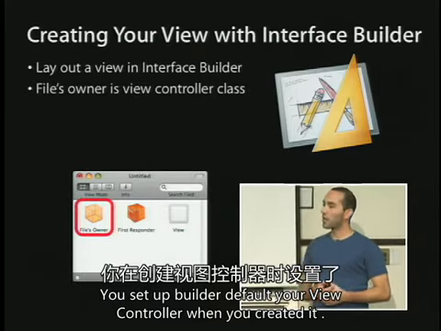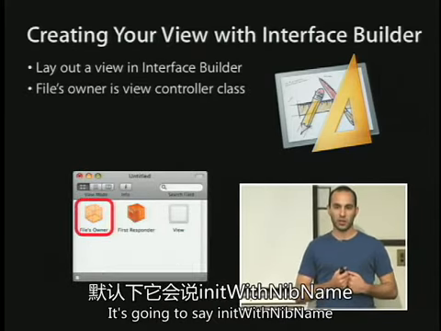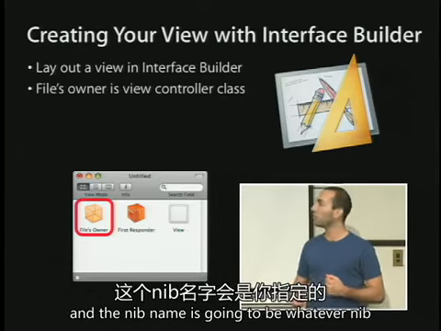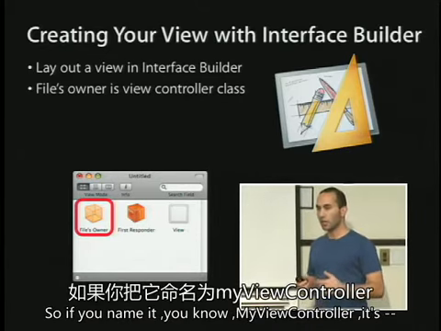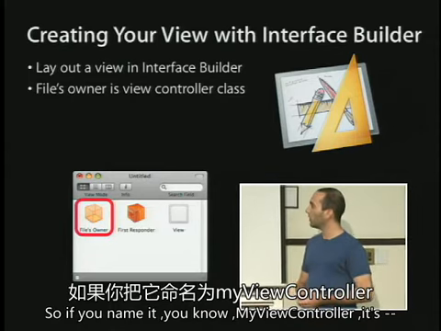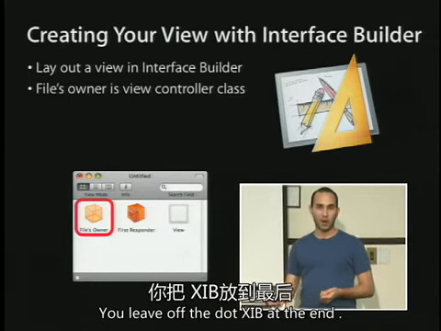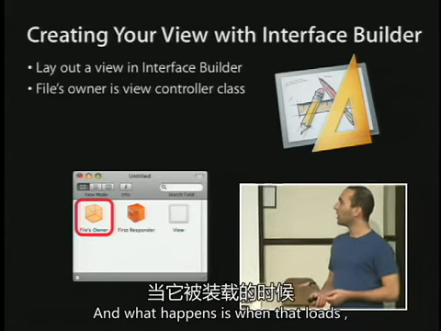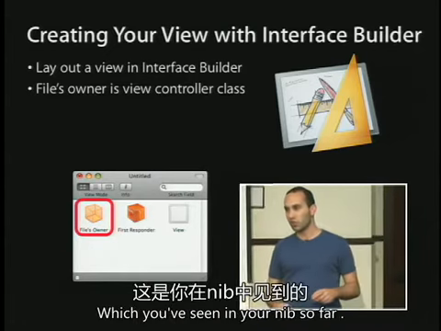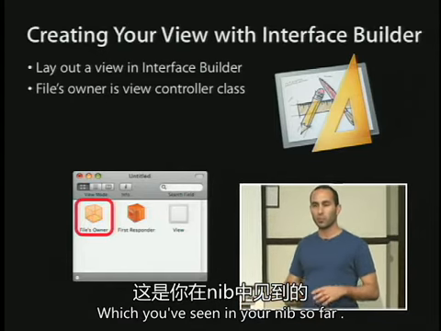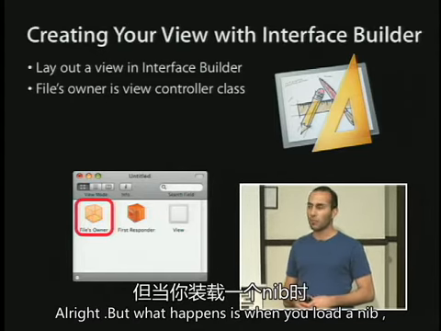By default, your view controller, when you create it, is going to say initWithNibName. And the nibName is going to be whatever nib that you've specified. So if you name it MyViewController, your nibName is MyViewController. You leave off the .xib at the end. And what happens is when that loads, it becomes the File's Owner, which you've seen in your nib so far. It's something we've told you not to worry about.